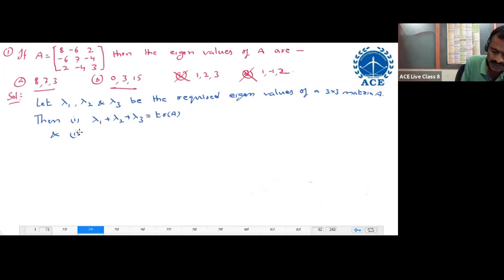And the second result, lambda 1 into lambda 2 into lambda 3 equals the determinant of A.